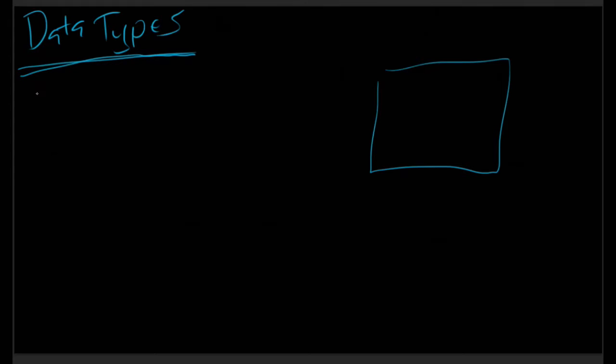So if we, for example, say, okay, I have an integer, and I want to create a location in memory of type integer, that says this box is now of type integer. Most programming languages use int to represent integer.